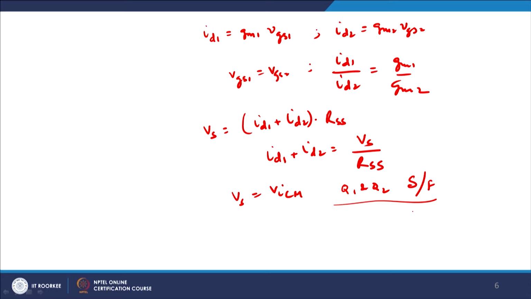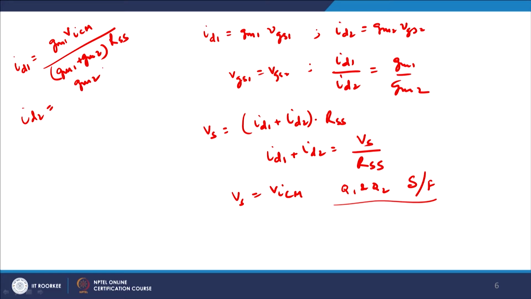Therefore I get ID1 equal to GM1 times VICM upon GM1 plus GM2 divided by RSS, and I get ID2 equal to GM2 into VICM upon GM1 plus GM2 divided by RSS.